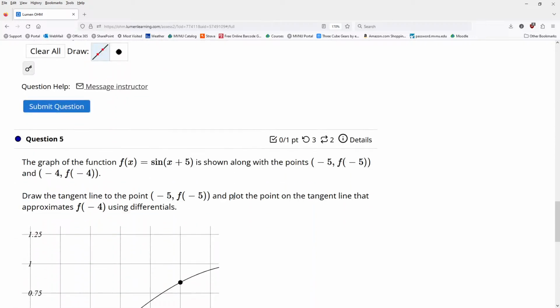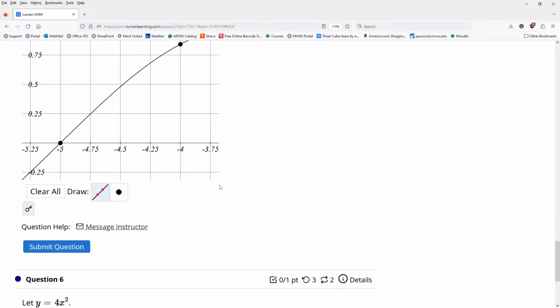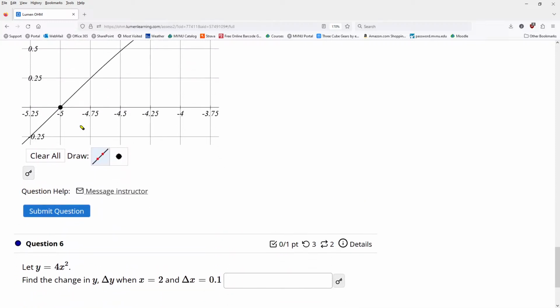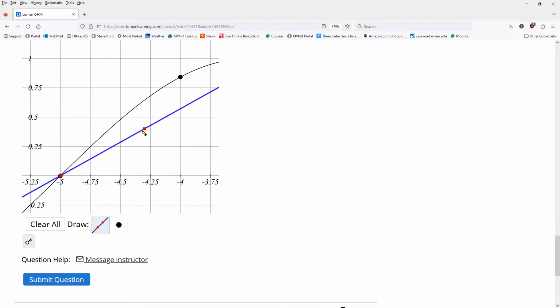And then they have a question about that tangent line, I think. Down here, same thing. And they're going to ask you about delta y and dy, just so that you know, delta y is how far off you are. Dy, you would actually compute using the function.